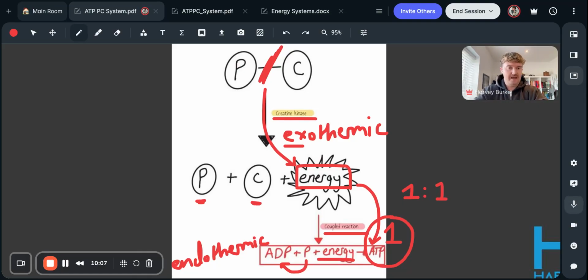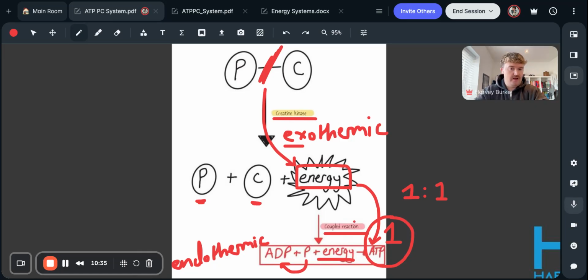So overall there, to get maximum marks, you would say that phosphocreatine is broken down via creatine kinase into a phosphate, a creatine, and energy, and that's known as an exothermic reaction. And then that energy is used in a completely separate reaction, and then you'd write out this reaction where ADP plus P plus energy goes to 1 ATP.